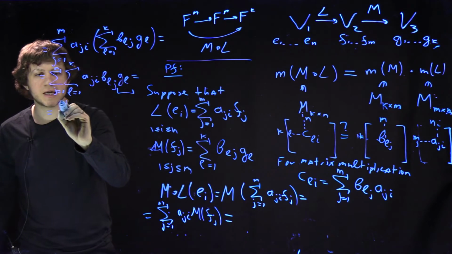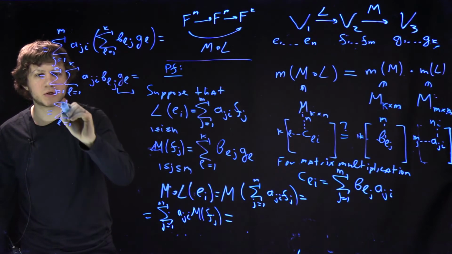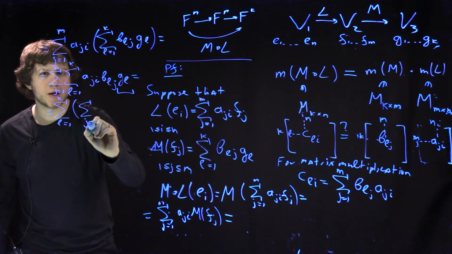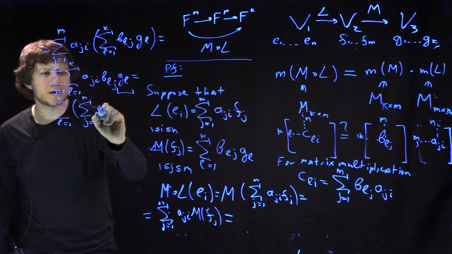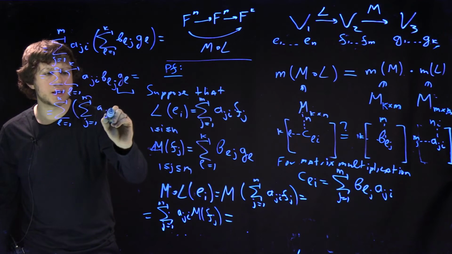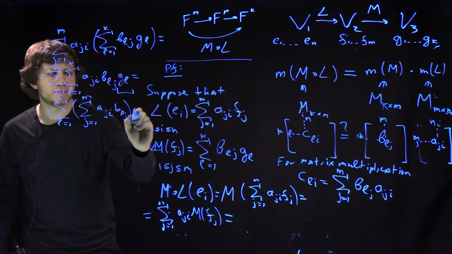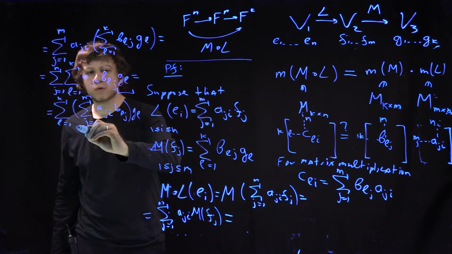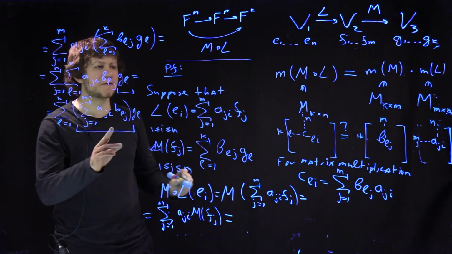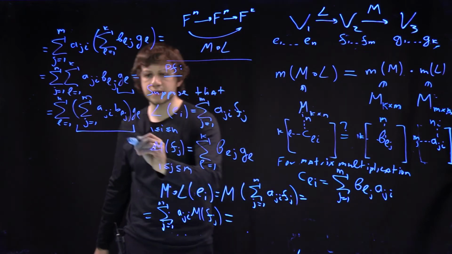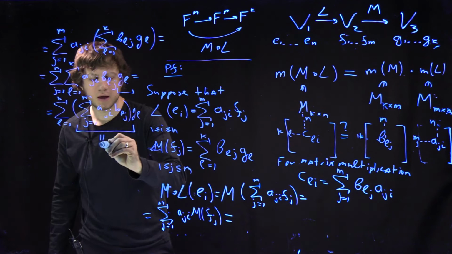So that is the same as the sum from L equal 1 to K of the sum from J equal 1 to M of AJI BLJ times GL. So this is nothing but the coefficient, and notice that this is exactly CLI.